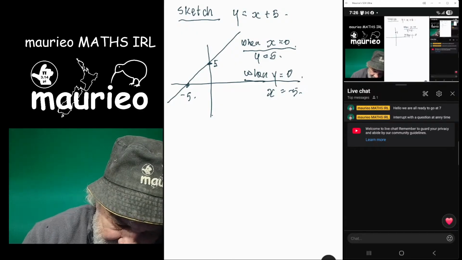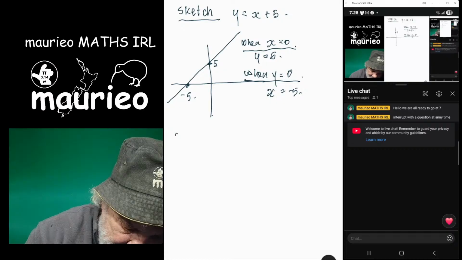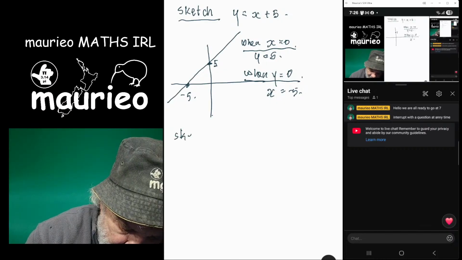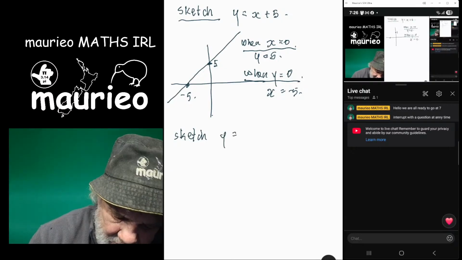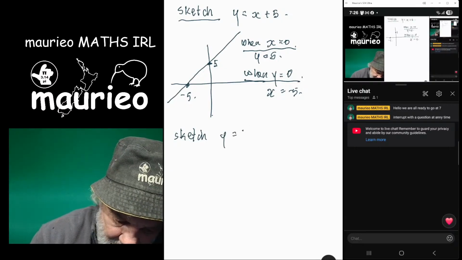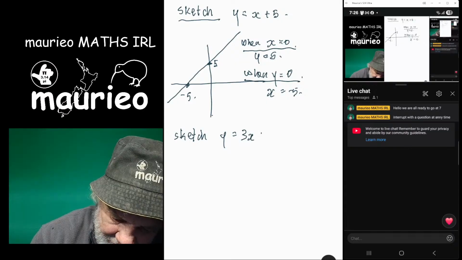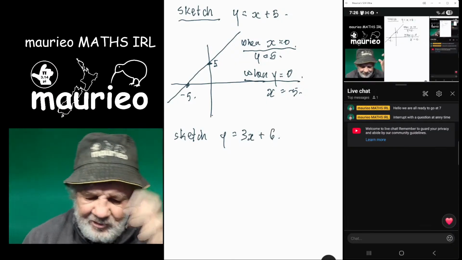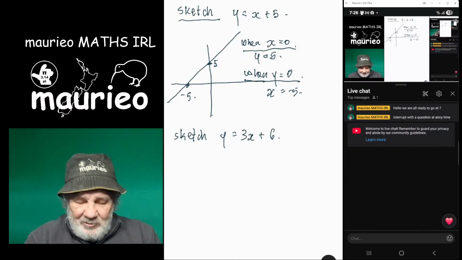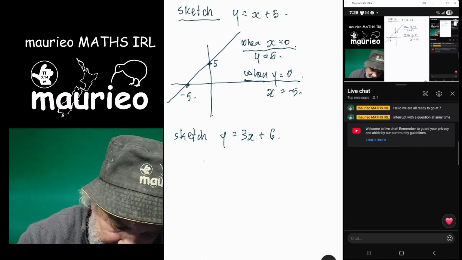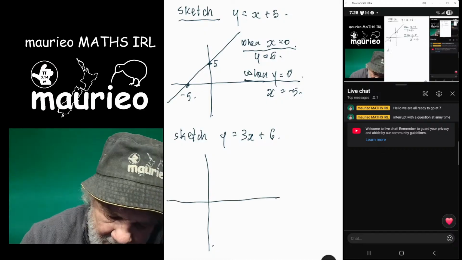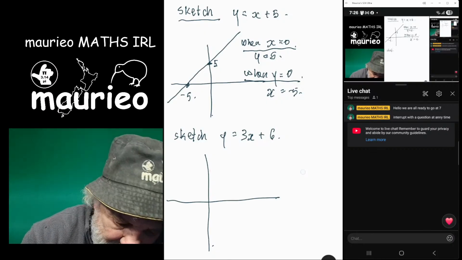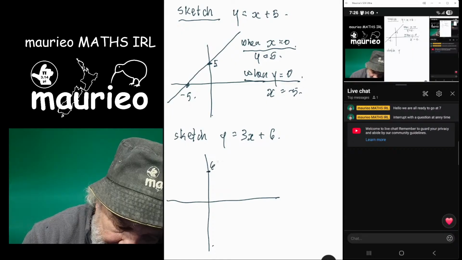Okay, let's look at sketching y equals 3x plus 6. We can see our y-intercept is 6, so it's going to go through 6.